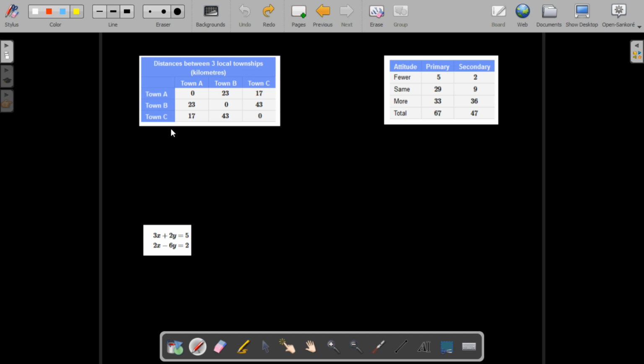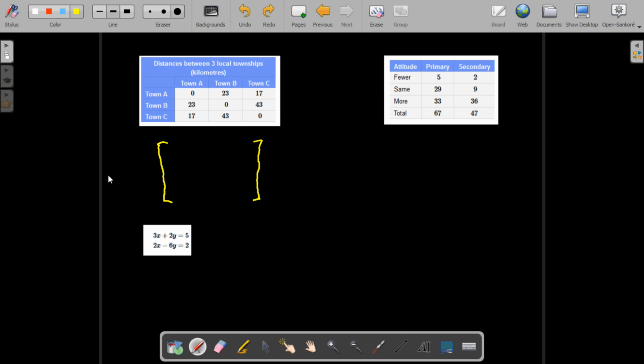So we can use matrices in situations where we have a table, as in the example here. Instead of writing out A, B, C all the time, when we need to do calculations, it's easier if we make matrices. So I can transform this into a matrix.